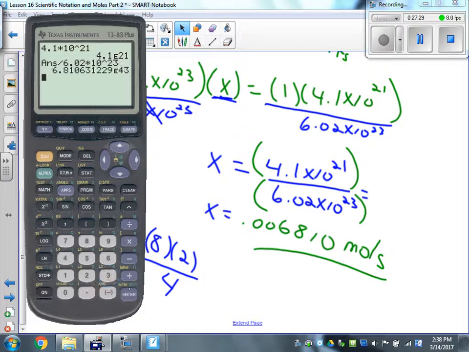If you don't use brackets, you get 6.810 times 10 to the 43. That would mean you'd have like 41 zeros at the end of this number.